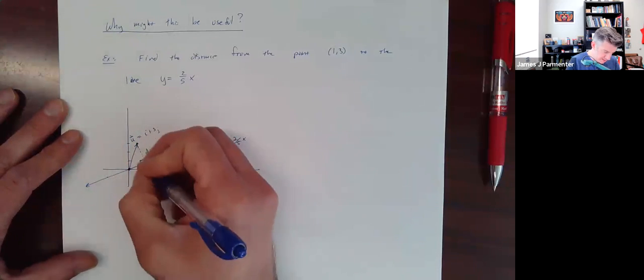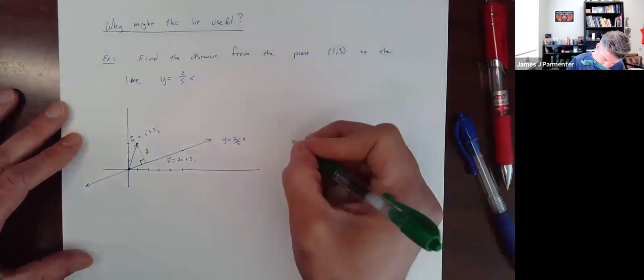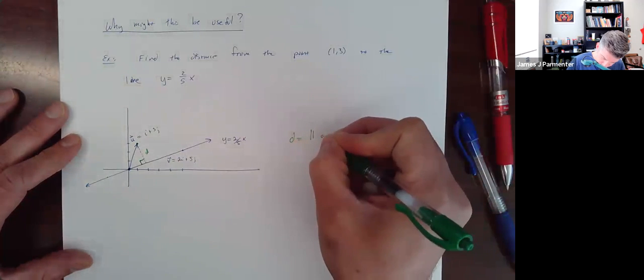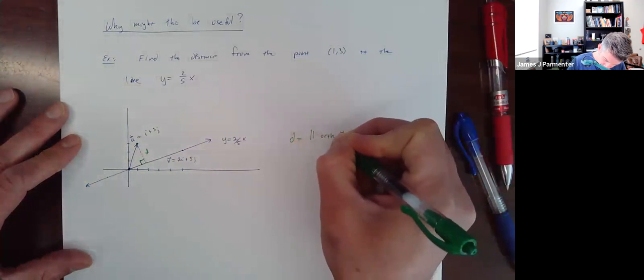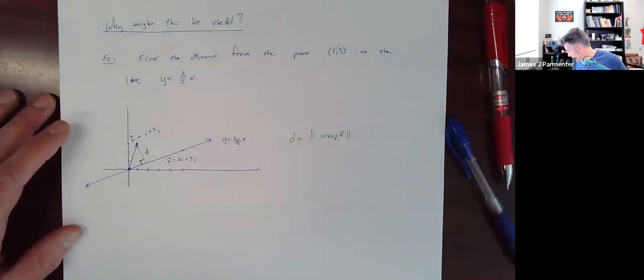If I want to find that distance, it really is just equal to the magnitude of your orthogonal complement, which we just found in the previous page. Let me go look back. That was gross.